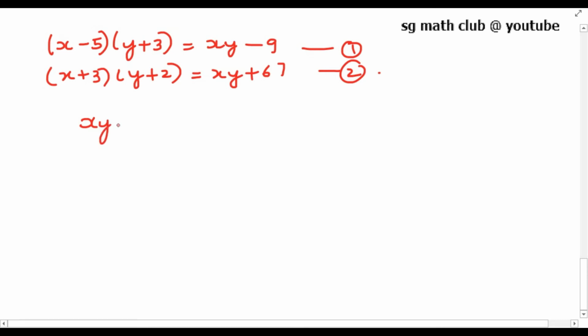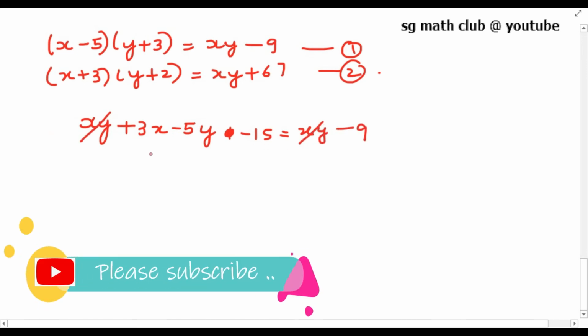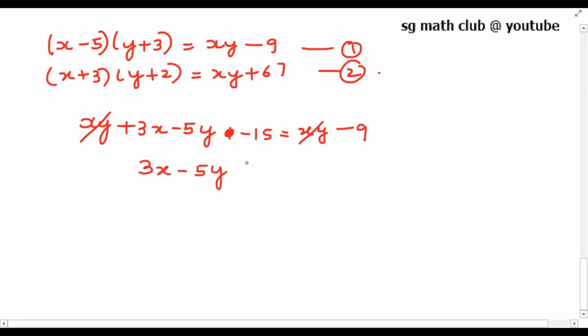So the first one: xy plus 3x minus 5y, and plus into minus is minus, so minus 15, equal to xy minus 9. So xy and xy will get cancelled. We have 3x minus 5y minus 15 plus 9, which is minus 6, equal to 0.